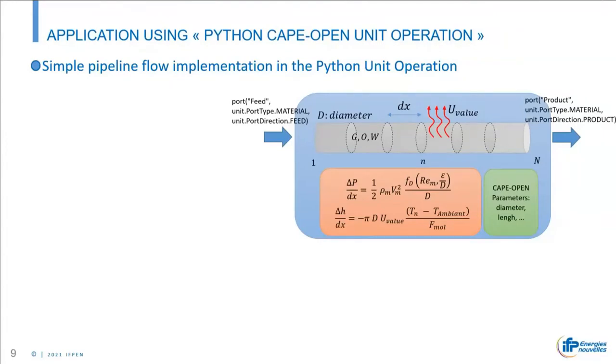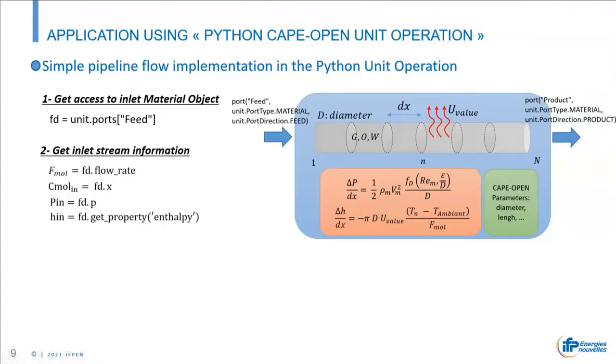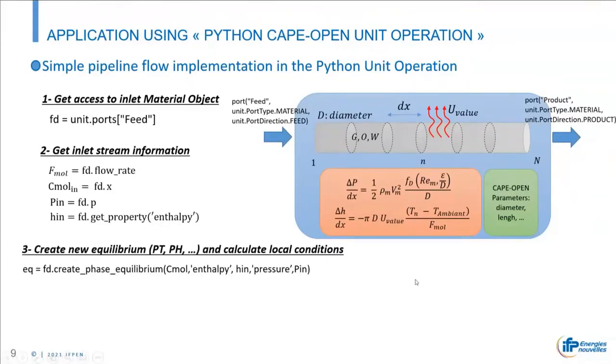So the first thing, if you do next, yes, we can get access to the material object. As soon as we have the inlet material object, it's possible to get all the stream information like the flow rate, the composition, the pressure, the temperature, and the enthalpy. After that, it's quite easy to perform a flash at different conditions.